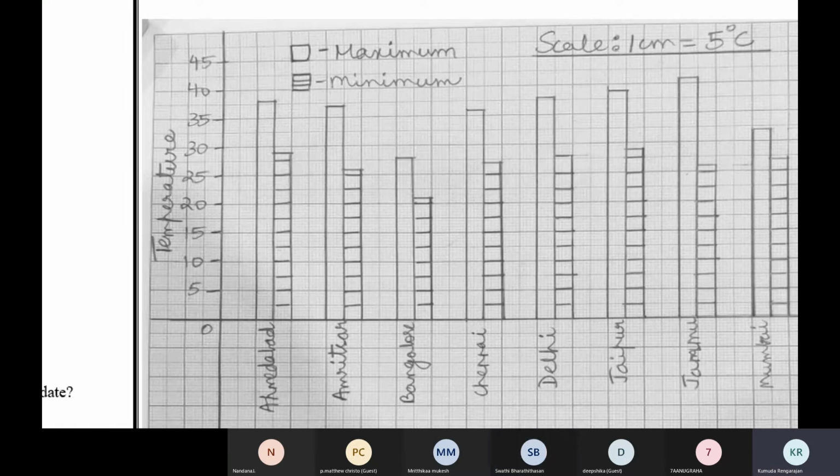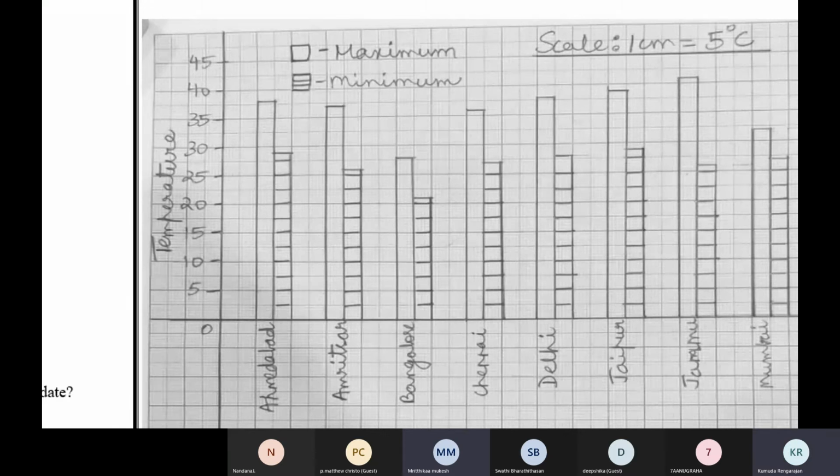No, let Mritika say. Mritika, tell me. Here is it 10 by 10? No, ma'am. Let me finish with Mritika. Ma'am, you told to divide the scale by 10, no, ma'am.